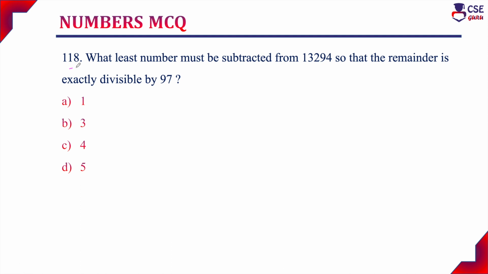Problem number 118. What least number must be subtracted from this sum so that the remainder is exactly divisible by 97? This is also the same as the previous problem. So, divide 13294 by 97. If you are dividing, we will get the remainder 5.